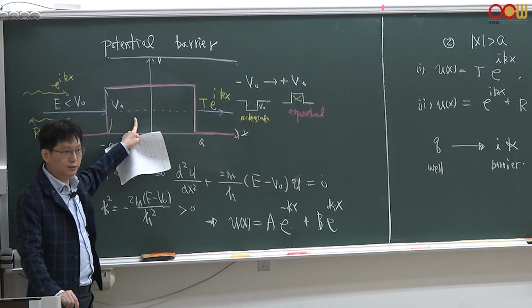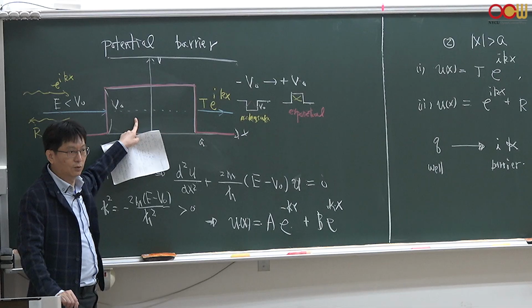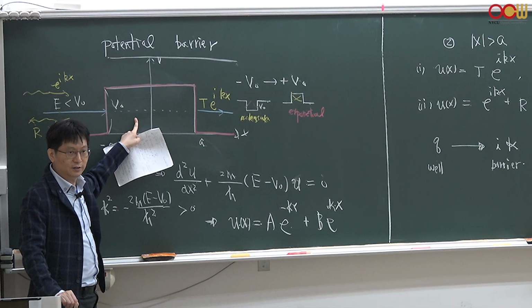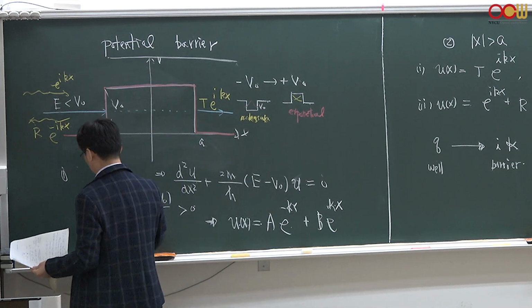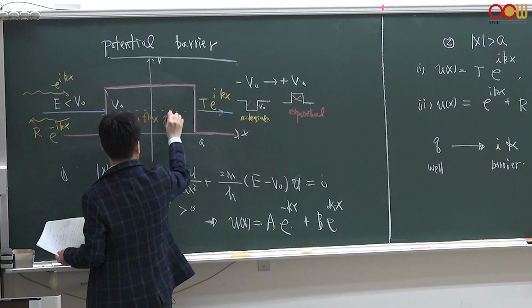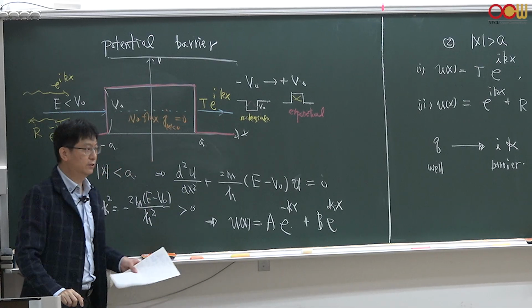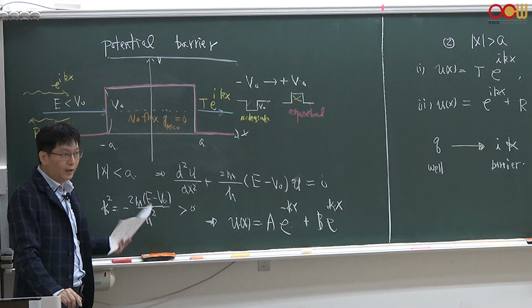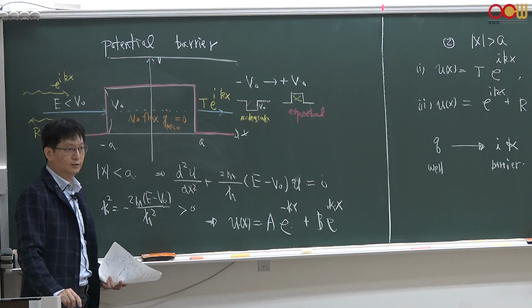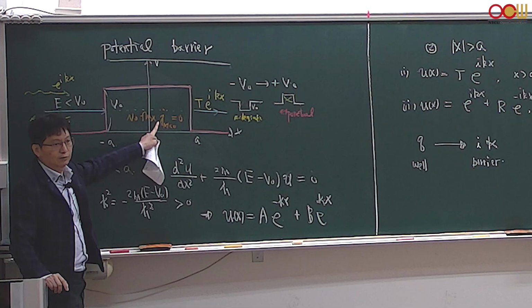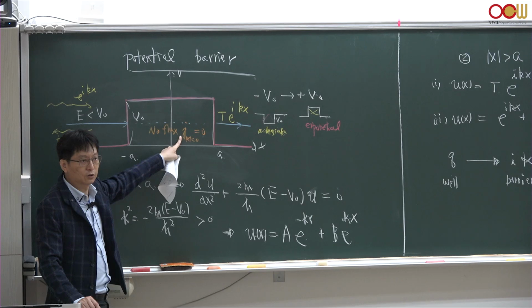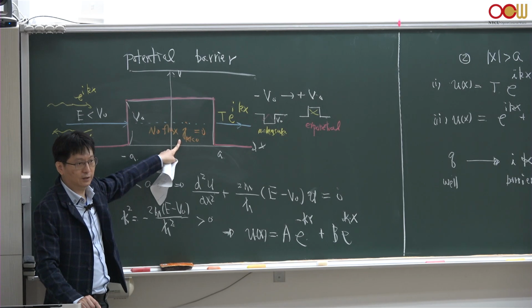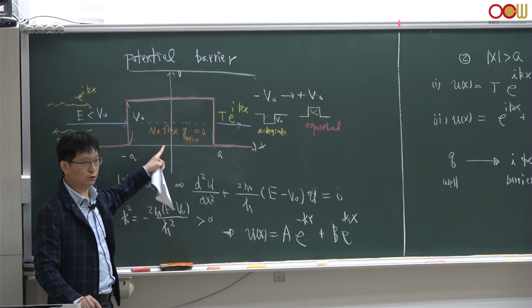But the tricky thing is that you have no way to know whether the particle ever lives inside the barrier, because when you calculate the flux, there's no flux in the middle. As I mentioned, the flux is the only way that we can detect whether there's a particle somewhere in a quantum mechanical problem. If you don't have a way to detect this flux, or the flux is zero, then we don't have any tool or any way to detect whether the particle is ever inside the barrier.